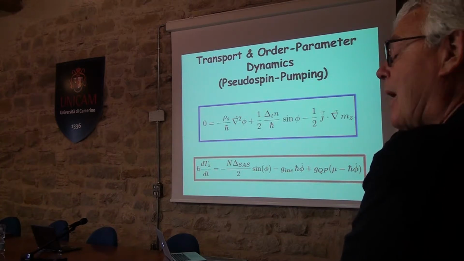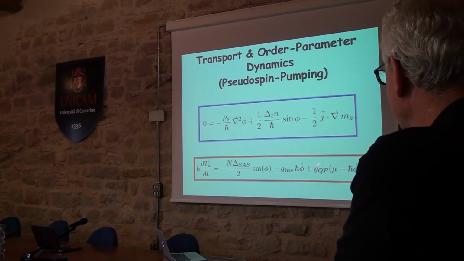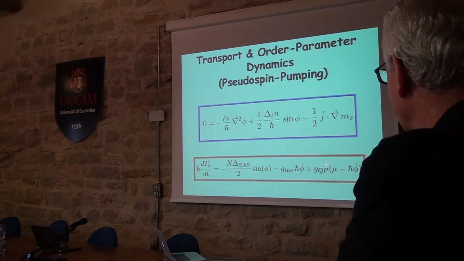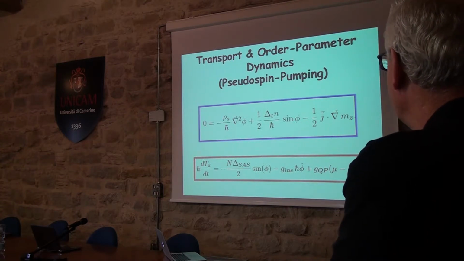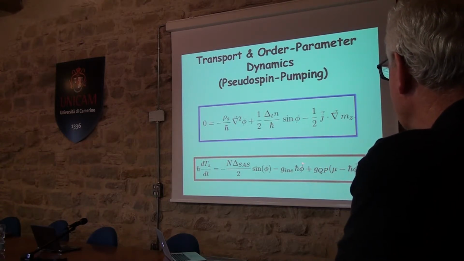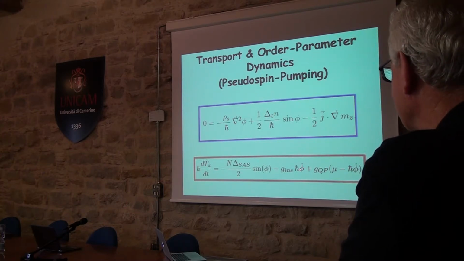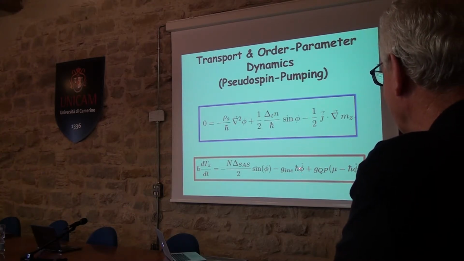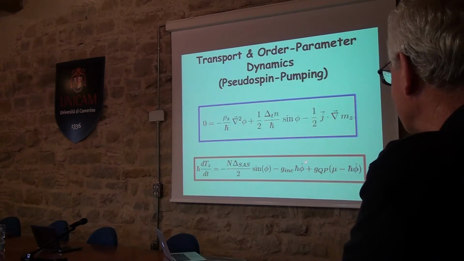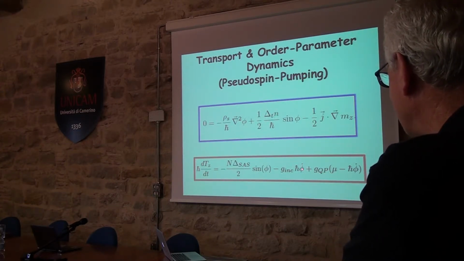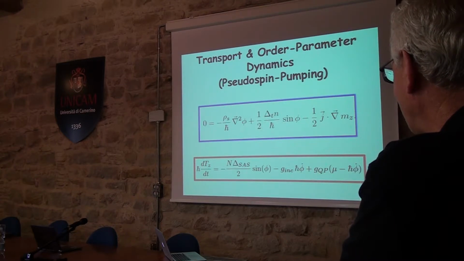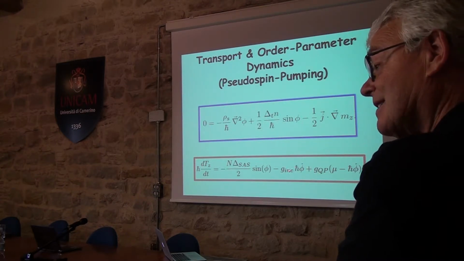But what happens when, so there's one steady state that I've been talking about so far mainly, where the order parameter of the system is time independent. So this is the interlayer phase angle. We have spontaneous coherence with a phase. This is its time dependent. So what I've been talking about so far is no time dependence.